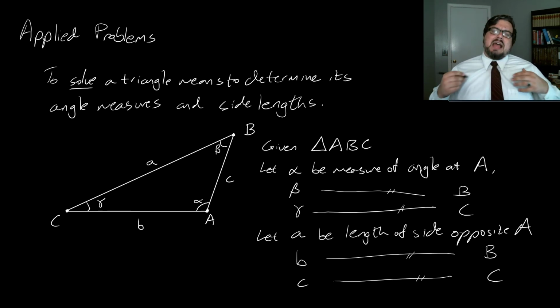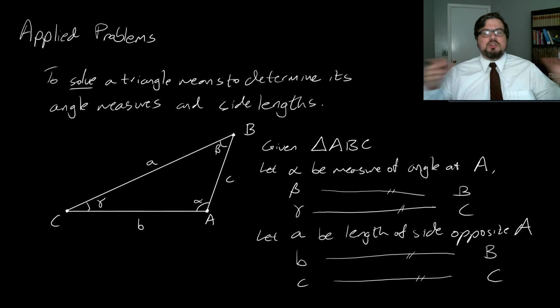The next question is, how much information do you need to solve a triangle? Well, you always need at least 3 pieces of information. Of the 6 quantities involved in the triangle, the 3 angle measurements and the 3 side lengths, you need at least 3 of them to determine the triangle. Often, 3 is sufficient.